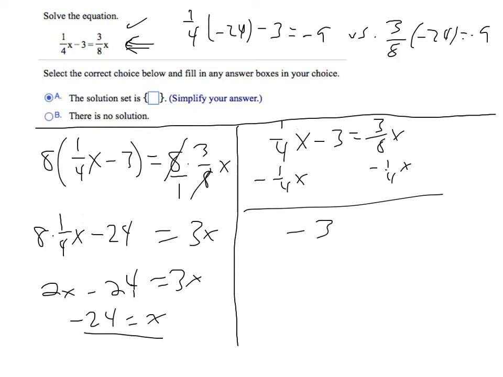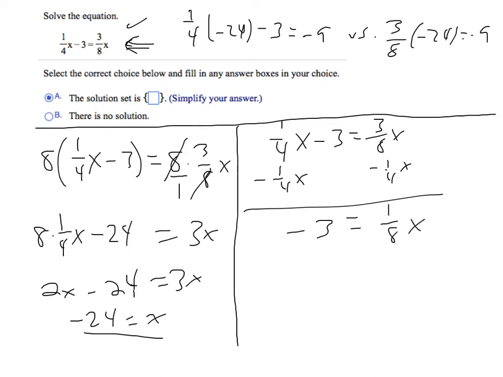Obviously, I've subtracted it away. On the right-hand side, I have 3/8 x minus 1/4 x. So 1/4 is the same as 2/8, so on the right-hand side, I have 3/8 x minus 2/8 x, which is 1/8 x.